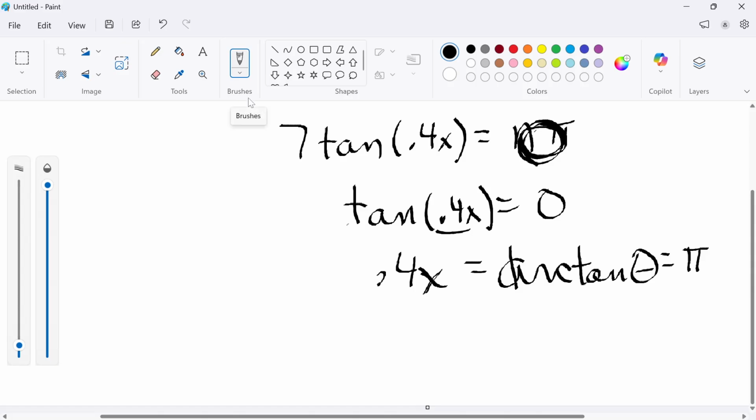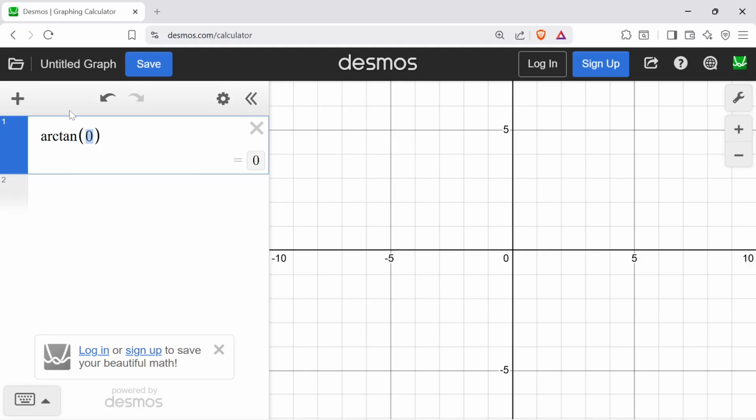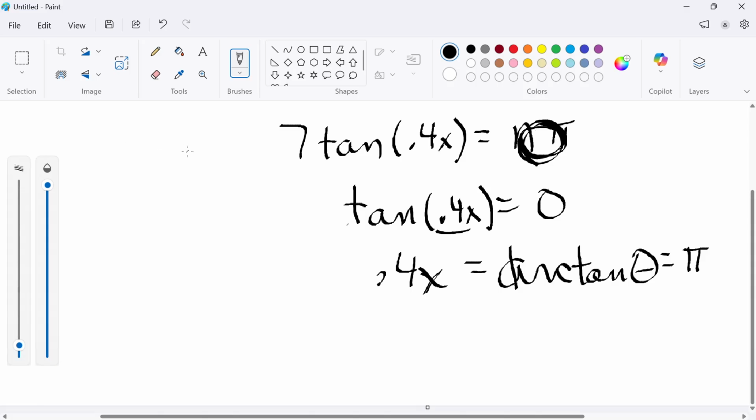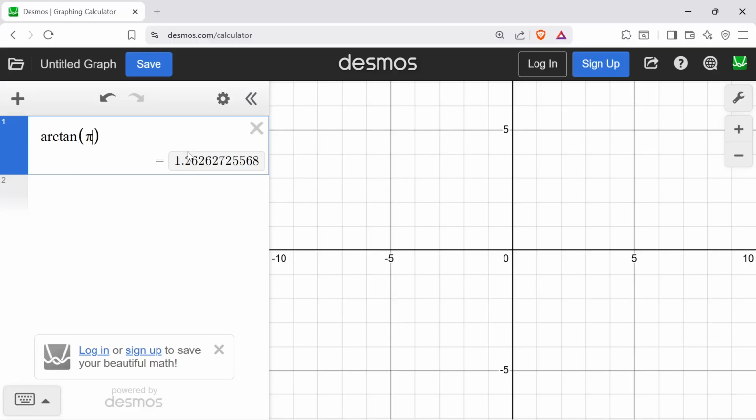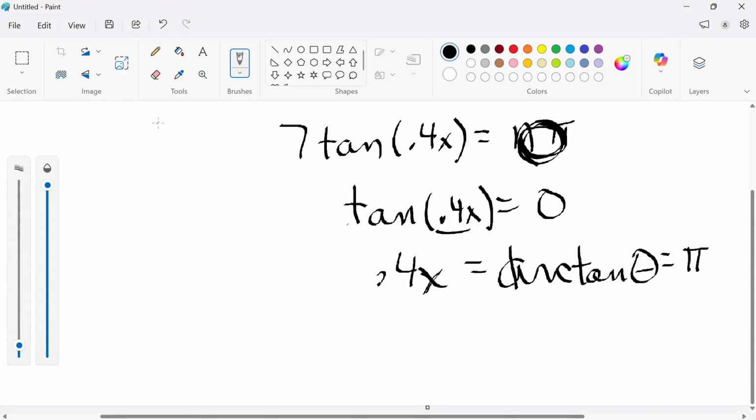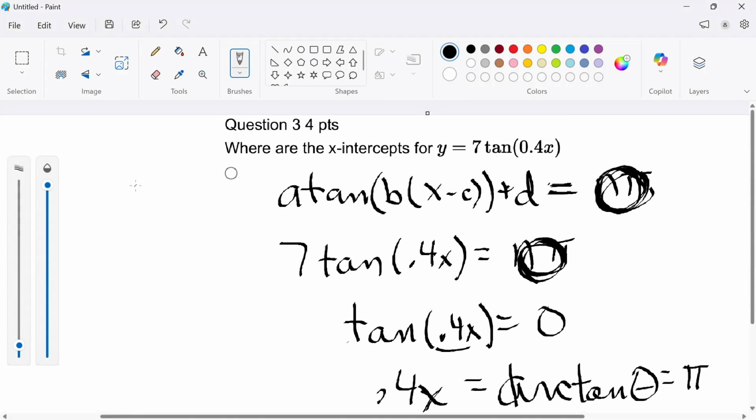What have I done wrong there? 0.4x equals, could it be pi then? Maybe it's supposed to be pi. I've done something wrong.